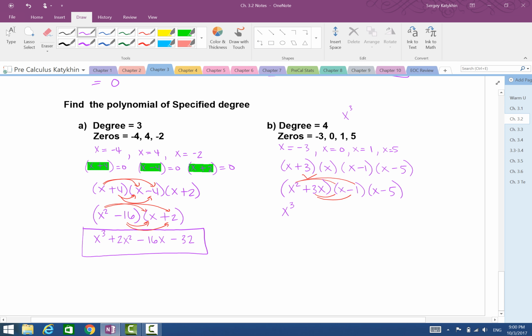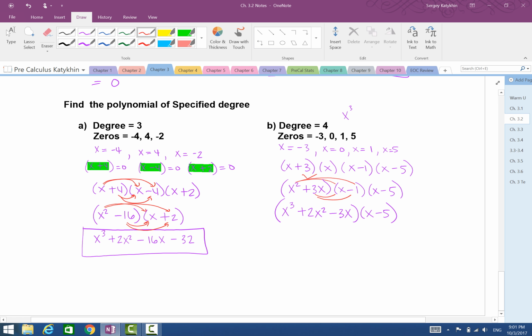X squared times negative 1, and then 3x times x is going to give us 3x squared. So you have a negative x squared and a positive 3x squared, which gives us a positive 2x squared. And last but not least will be 3x times negative 1, which is negative 3x. So that gives me the product of those, and I do still have one more to multiply by.